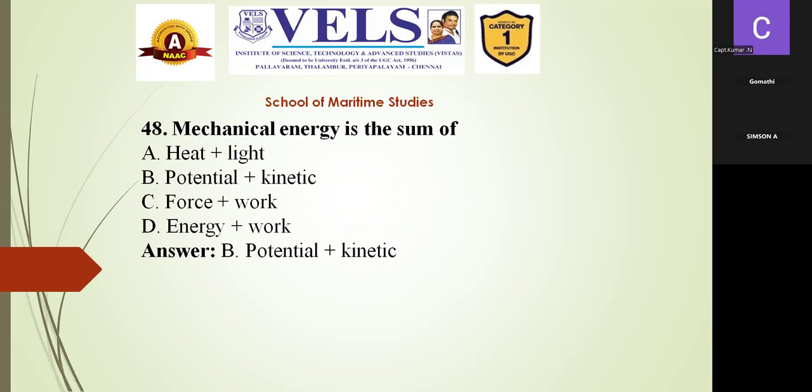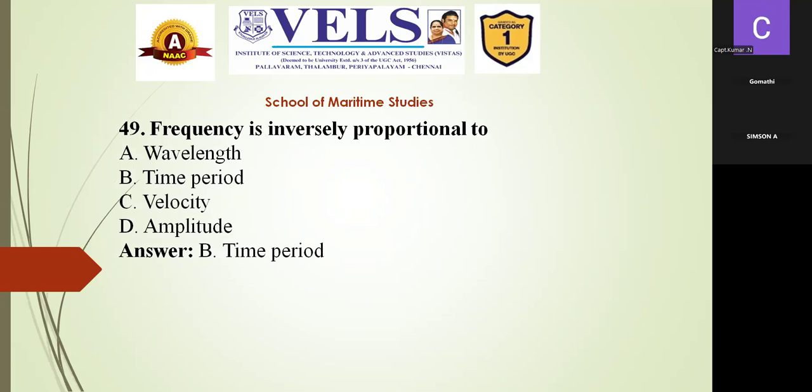So E = 1/2 mv² + mgh. The next question: frequency is inversely proportional to the time period, so we can write f is proportional to 1/T.